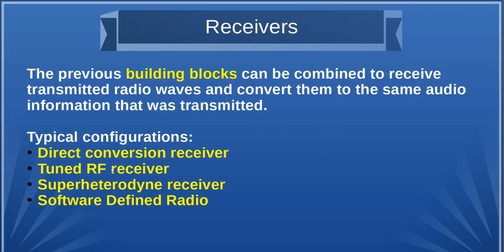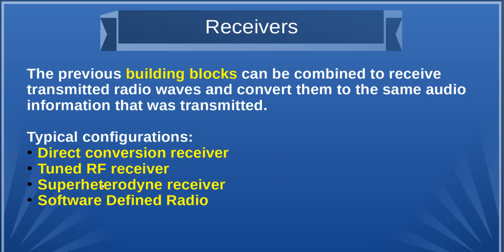Tuned RF receivers were popular way back when, where you actually had a front end with 2, 3, 4 stages of RF amplifier that were tuned amplifiers at a frequency. That had mechanical issues, which is why they kind of went away.